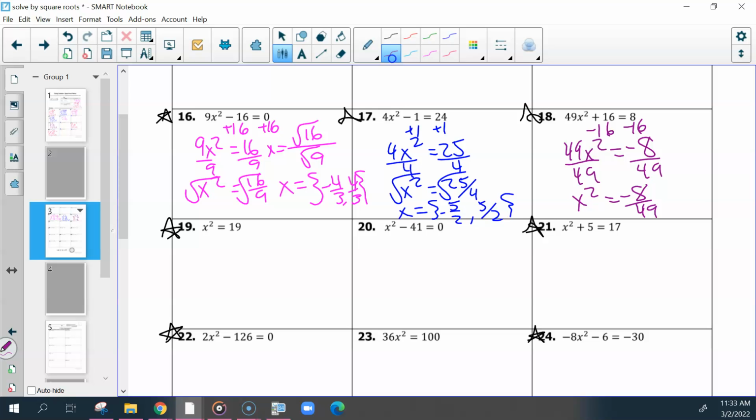So if it's not a perfect square, we're still just going to take the square root. And what would that be? An error, because we have a negative.